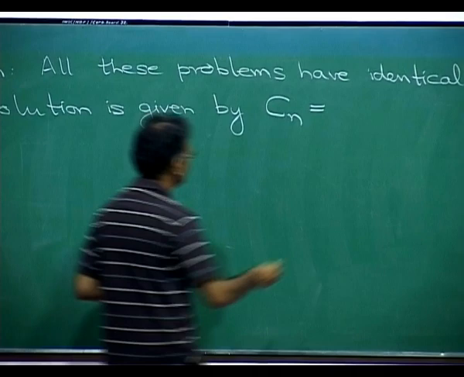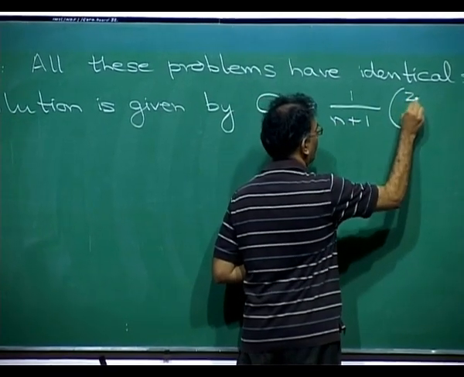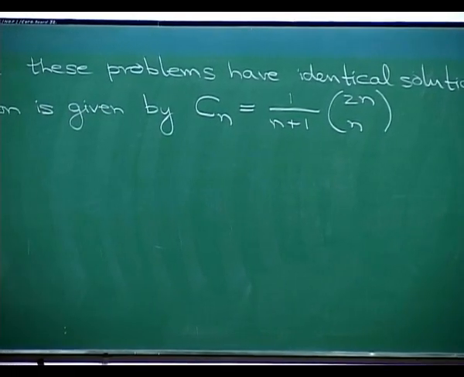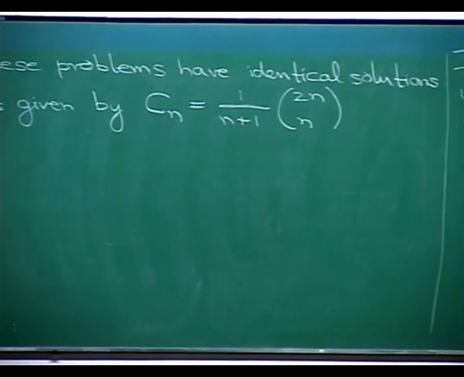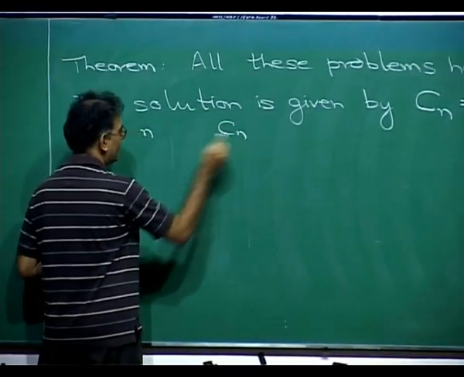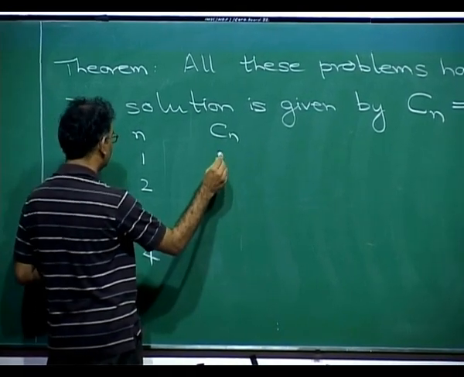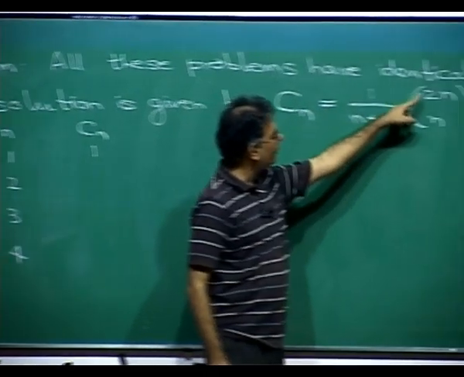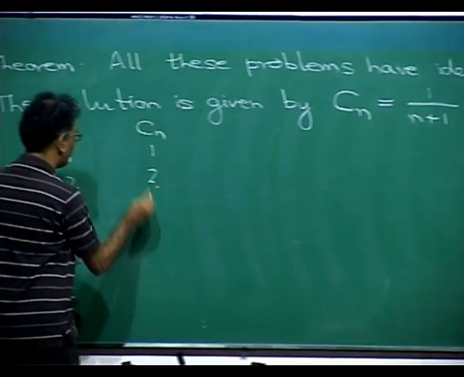The formula for Cn is 1 over n plus 1, 2n choose n. You can tabulate this for the first few values of n and see. So n, Cn: when n is 1, it's 1 over 2, 2 choose 1, which is 1. When n is 2, it's 1 over 3, 4 choose 2. 4 choose 2 is 6, so 1 over 3 times 6 is 2.